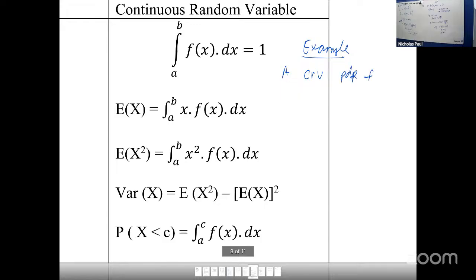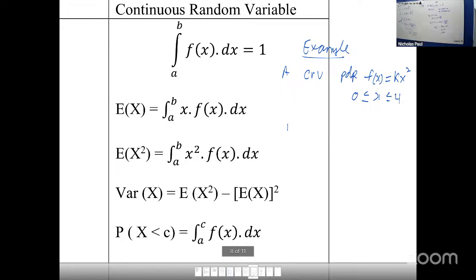Given PDF is just the function, probability density function. And the PDF is given by kx squared between 0 and 4. So the PDF is defined between 0 and 4. That's kx squared.